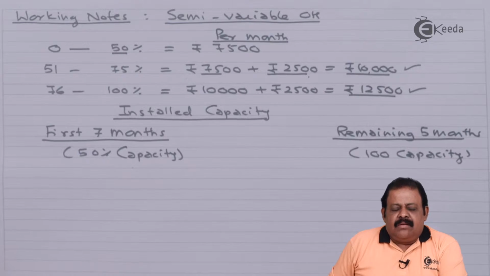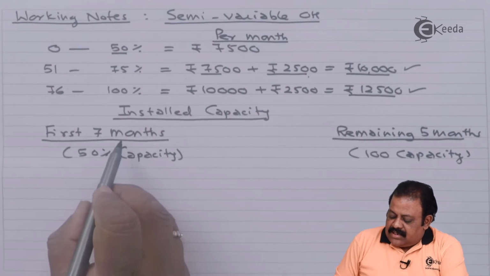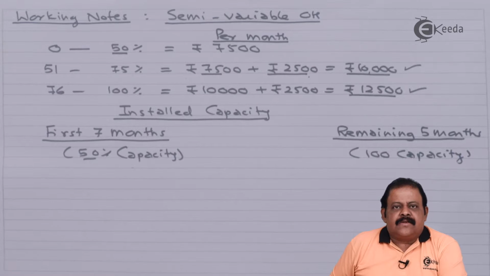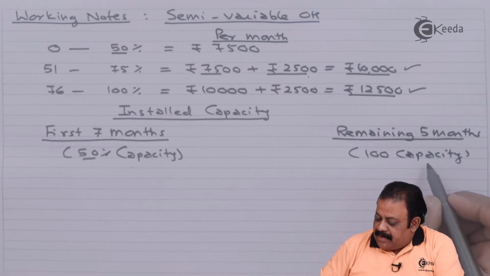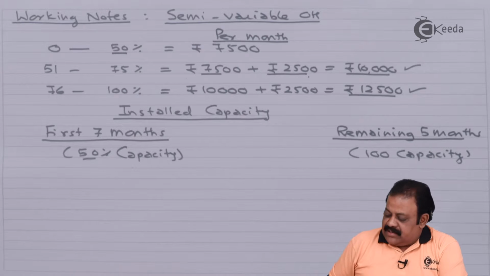In a year of 12 months, in the first 7 months capacity used was 50% and in the next remaining 5 months capacity used was 100%.